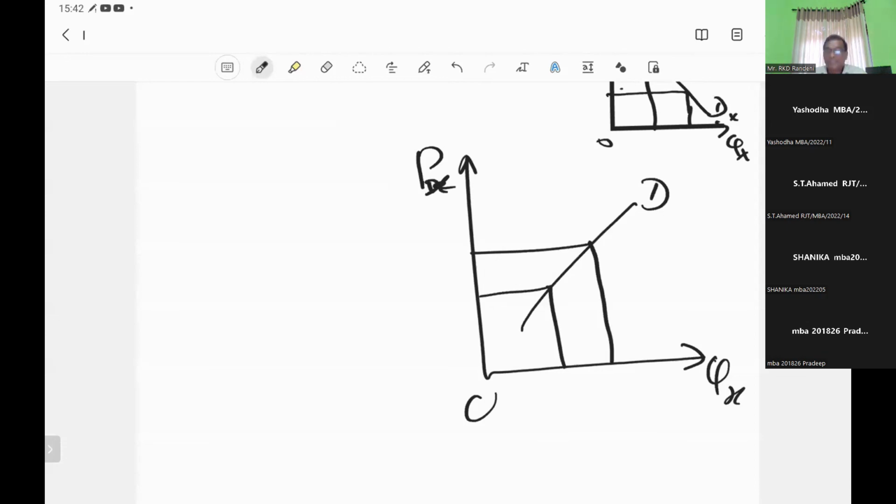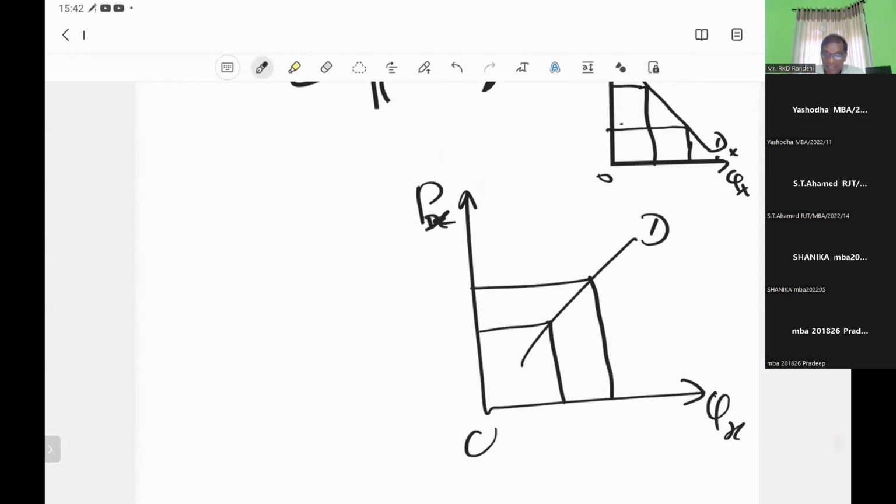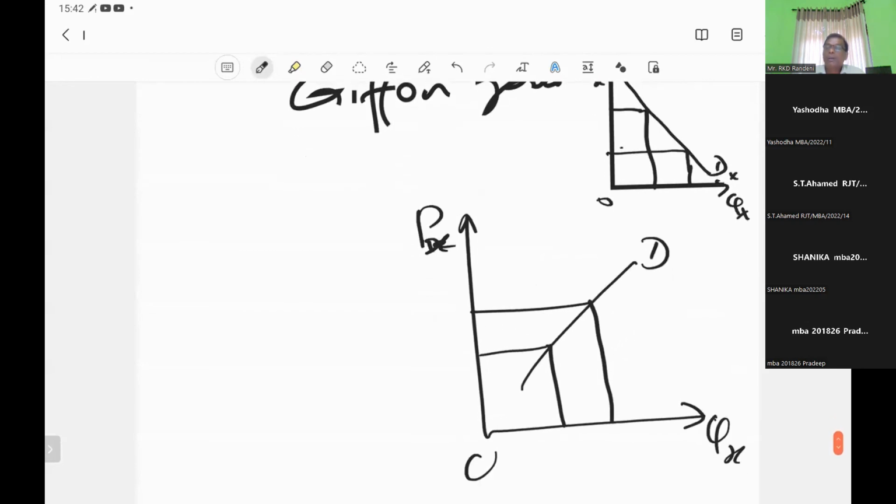Actually, we can't easily identify this in the market situation. It may be some good where, when the price goes up, the demand also goes up. That is a different concept, the positive slope demand curve, right? Then when price is less, demand also reduces, right?